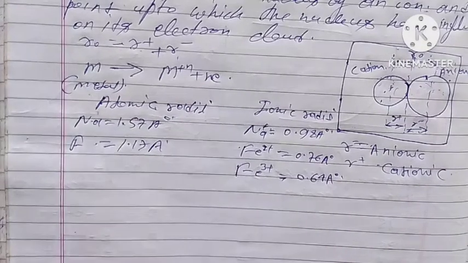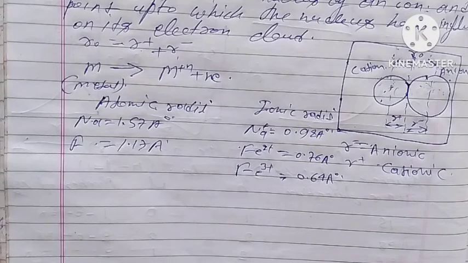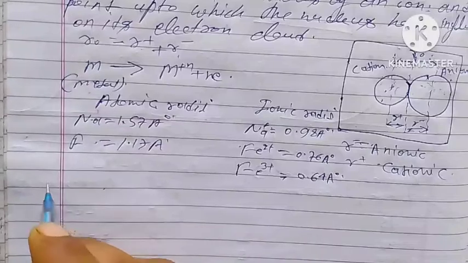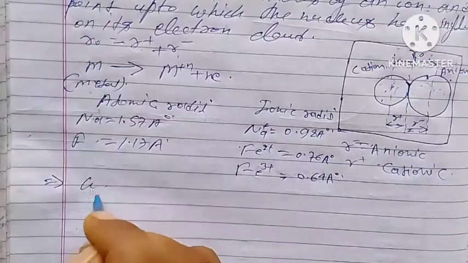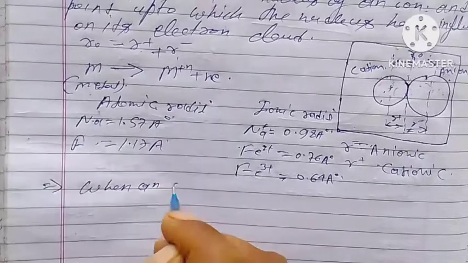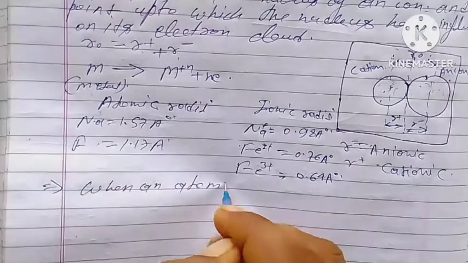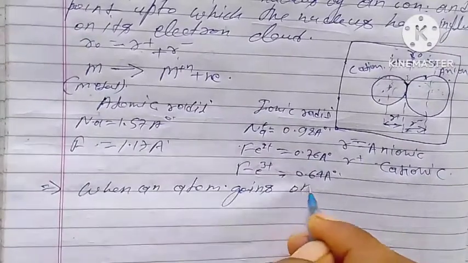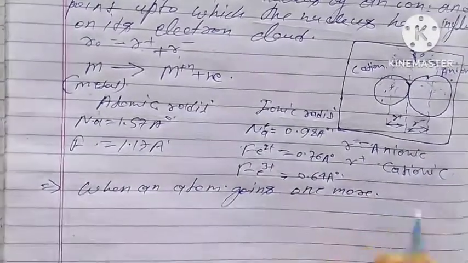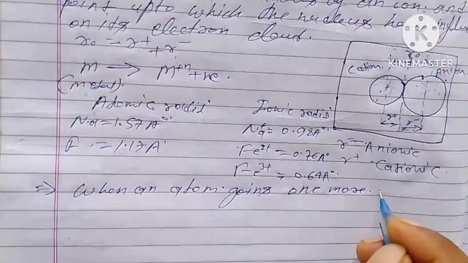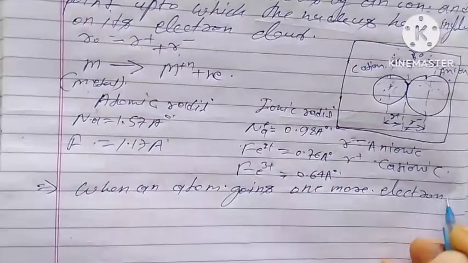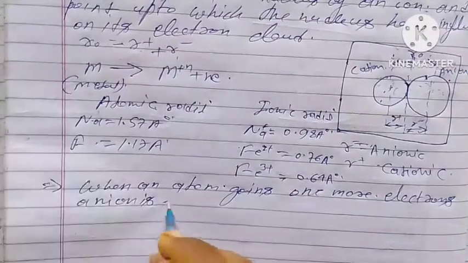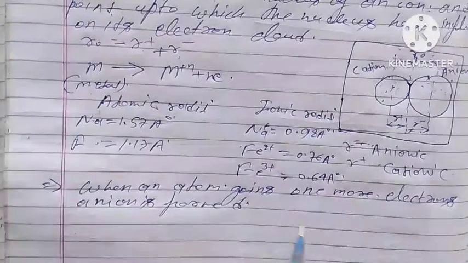When an atom gains one or more electrons, an anion is formed.